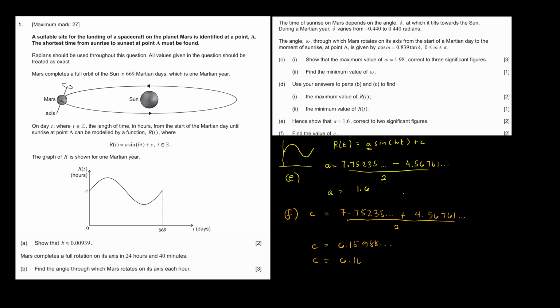Okay, so we have solved this. Hence, show that A equals 1.6 correct to two significant digits. So we go to our equation here, R of t is A sine.